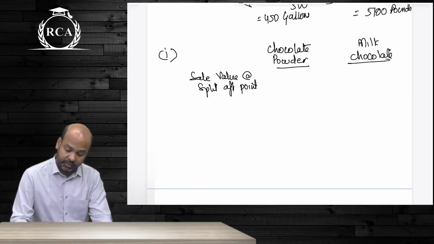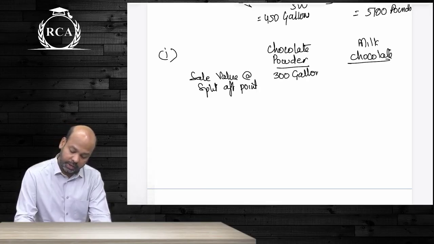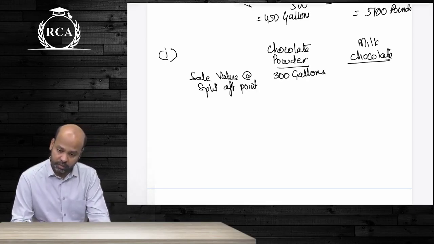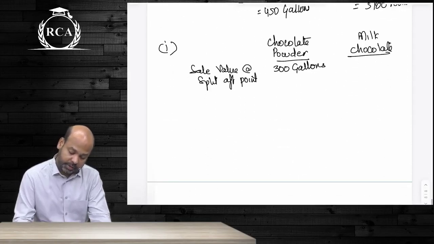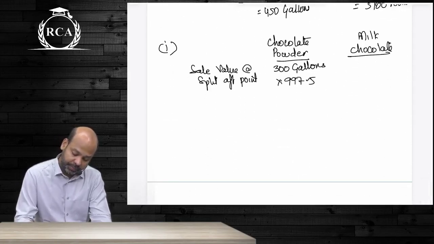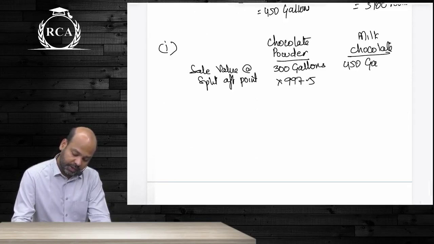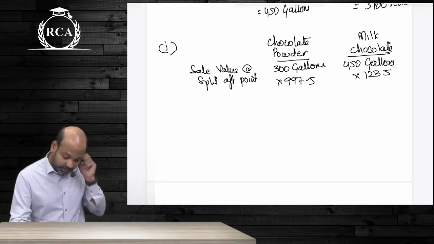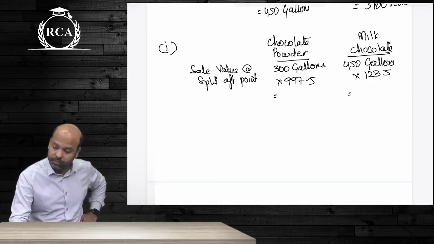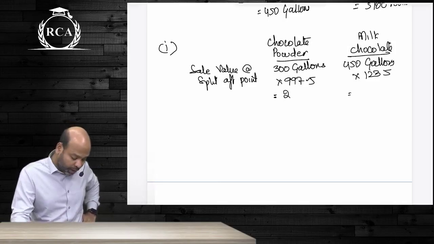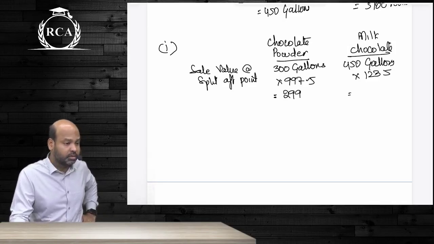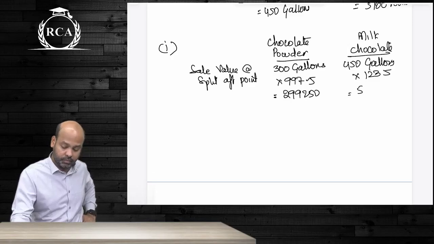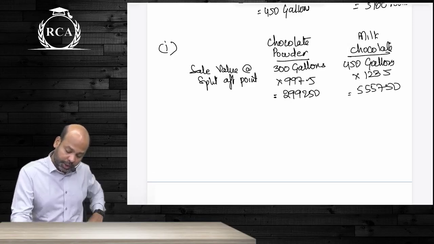How many gallons of the first product? 300 gallons, 200 gallons. For the first product, 300, sorry, into 997.5. For the second one, 450 gallons into 1,235. How much is the revenue? 2,99,000. Then the second one. Can you allocate joint cost in this ratio?